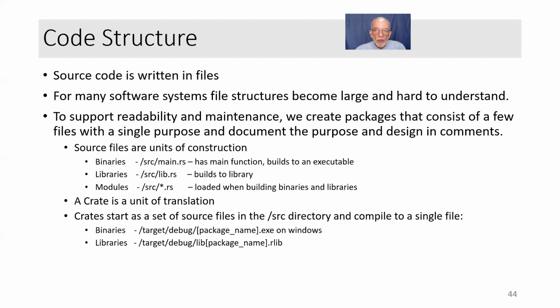In Rust, we can tell Cargo that we want to build a static library. We can tell Rust we want to build a dynamic link library, or shared library if you're working in the Linux world.